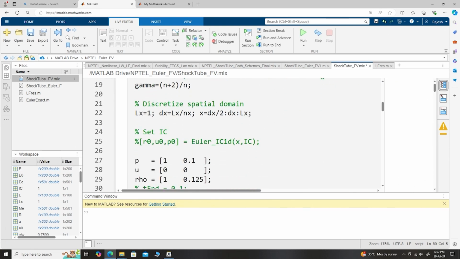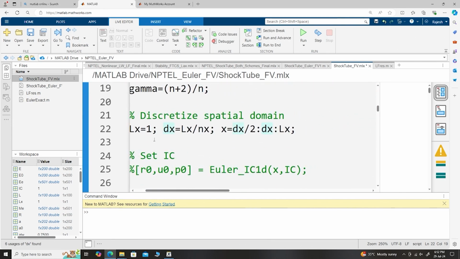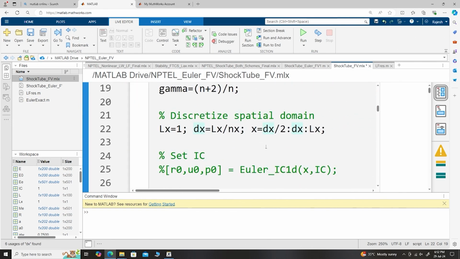So, you can see that I let me just make it a little bigger. My length is 1, Lx equal to 1, and the discretization I have starts from dx by 2, right. So, my starting point is not 0, it is actually dx by 2.